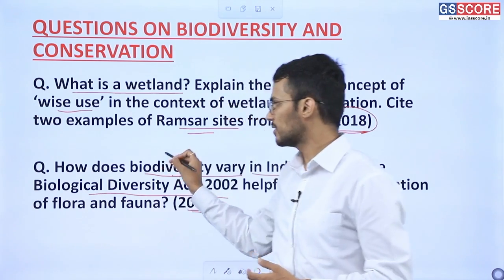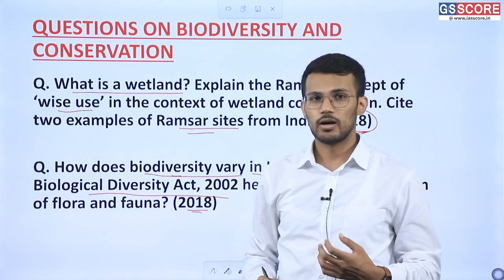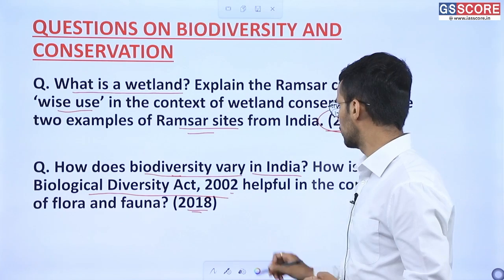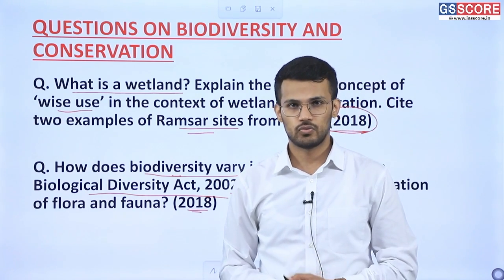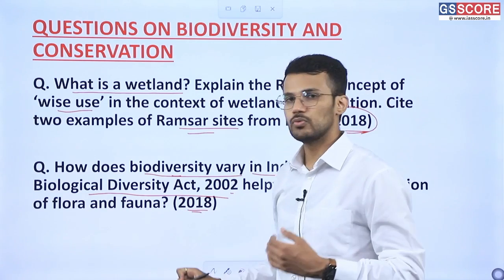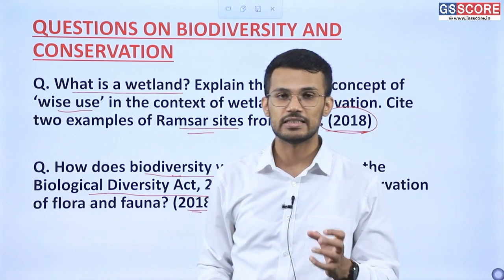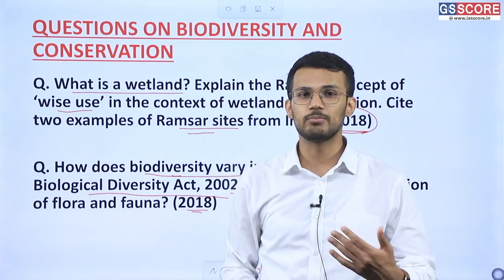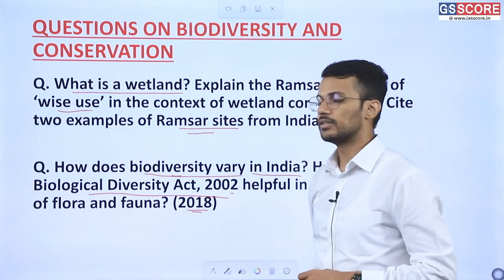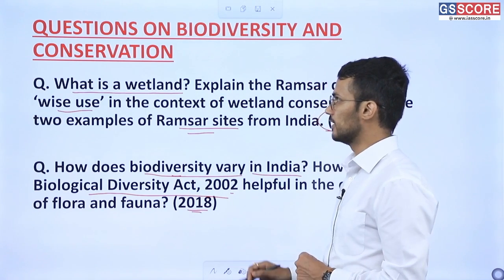We can write that as the first part. And in the second part, we are supposed to discuss how the Biological Diversity Act 2002 is helpful in the conservation of flora and fauna. Right? So this is the act which ensures that the Convention on Biological Diversity, that is CBD, and its goals are implemented in India. And through that implementation, the Biological Diversity Act 2002 is trying to conserve flora and fauna in India.